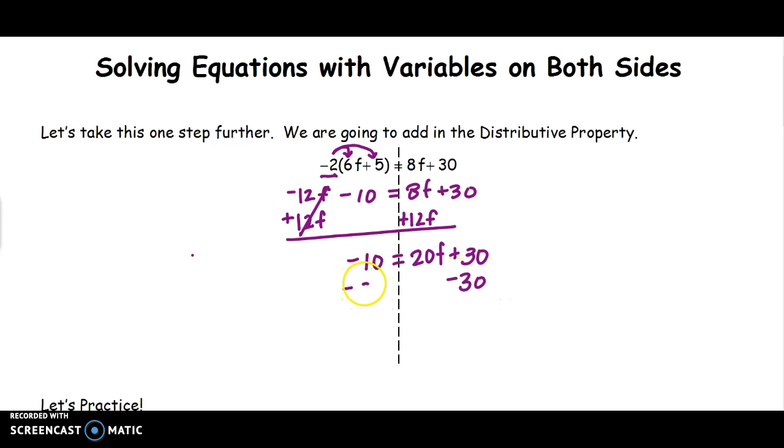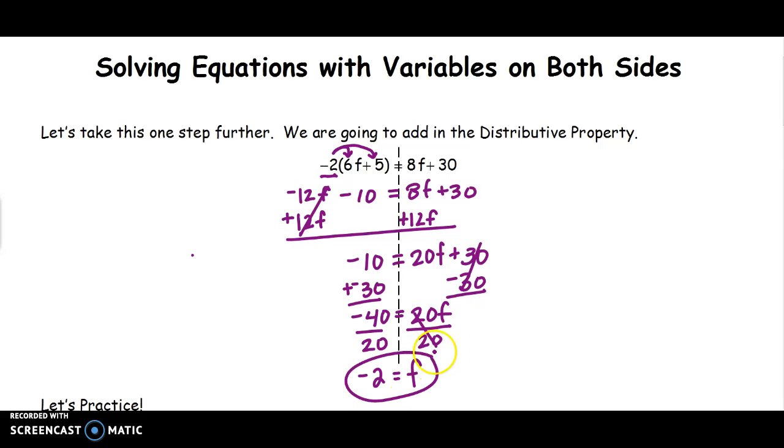So we would subtract 30. Negative 10 plus negative 30 is negative 40. And since we are multiplying 20 and f, you would divide by 20. So f equals negative 2.